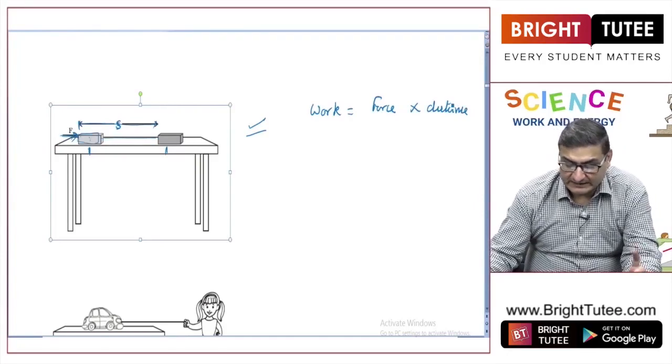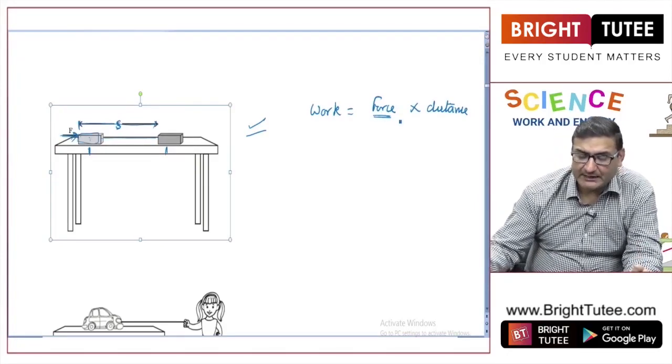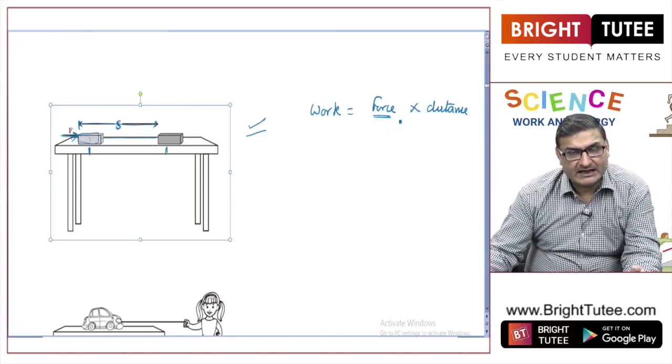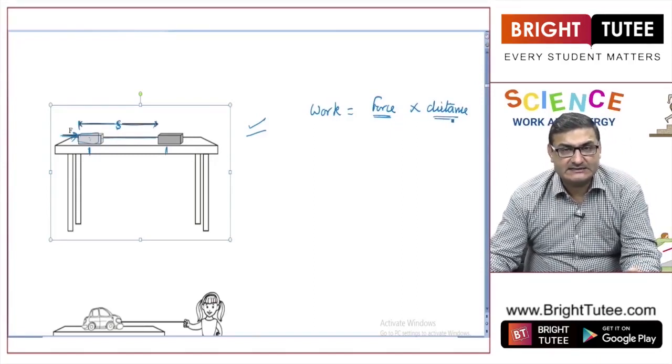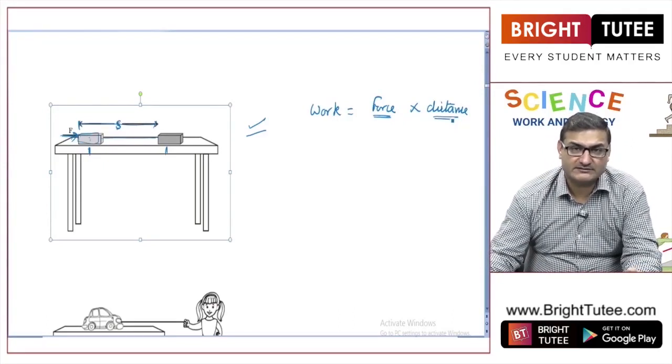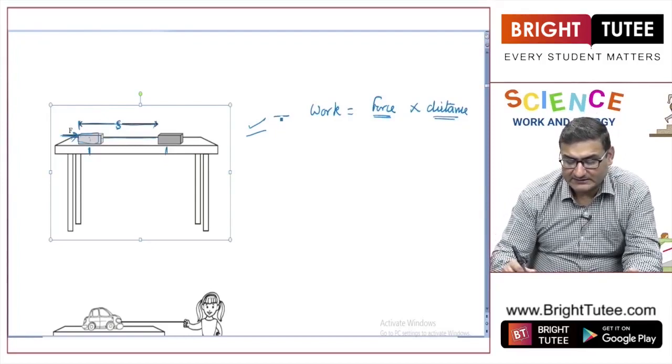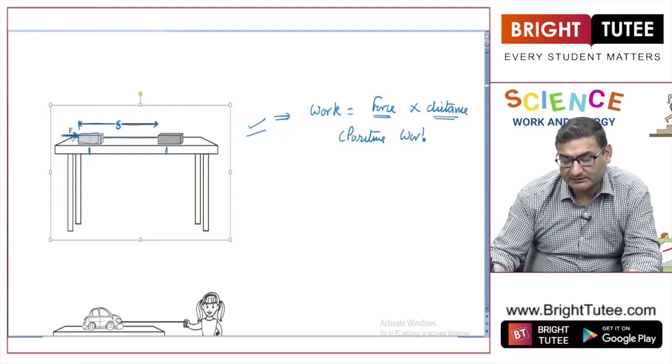Got it? Now, if I am applying force and the body is moving and covering a distance which is in the direction of the force applied, then we say that it is a positive work done. Now, what is positive work done?